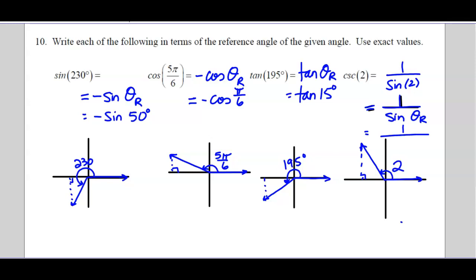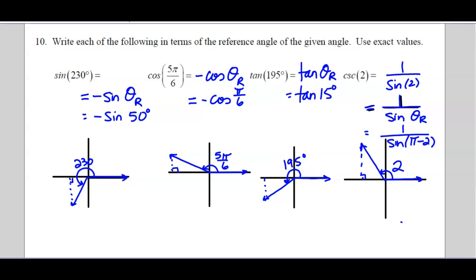And what is the reference angle? Well, that is pi minus 2. And we'll just leave it like that. We want it as exact as possible. It says use exact values. You could go pi symbol in your calculator, minus 2, and then round it, but we'll keep it as exact as possible.